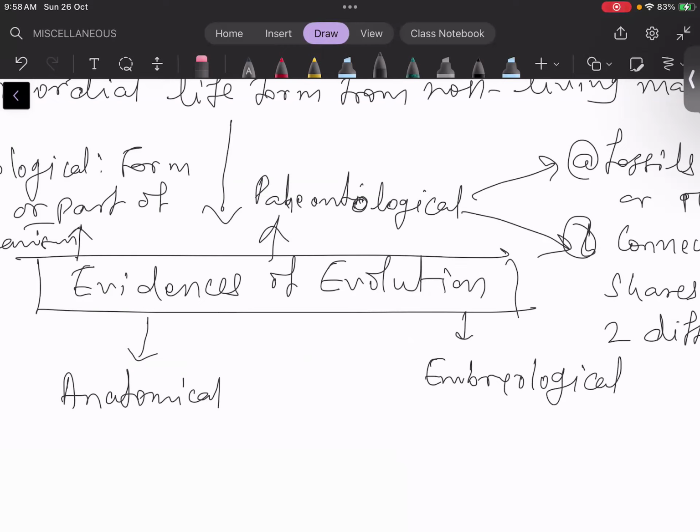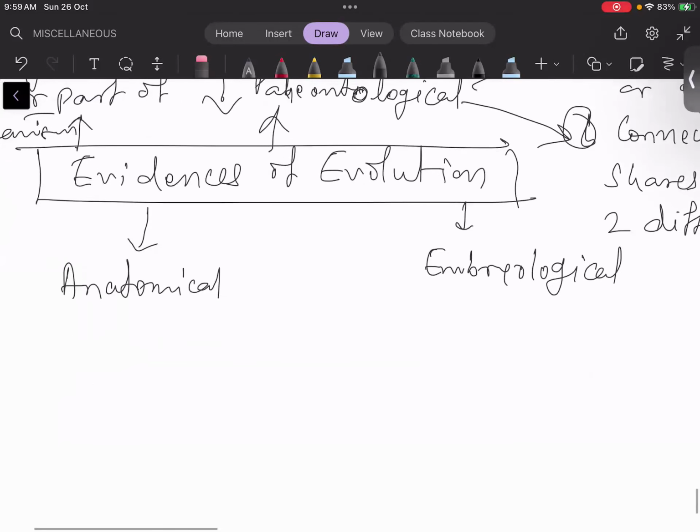Embryological evidences lead to the formation of an embryo. Then anatomical evidences, anatomy means internal structure, right? So there are three types: homologous organs, analogous organs, vestigial organs.